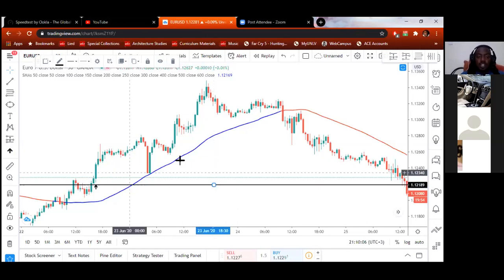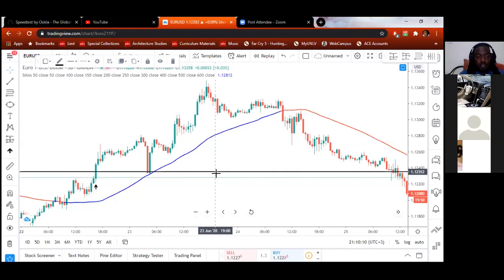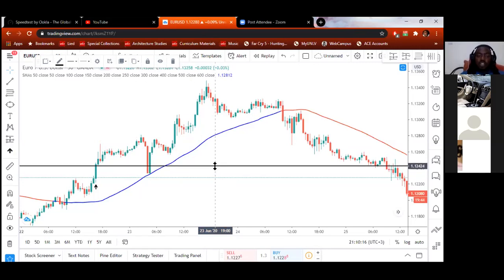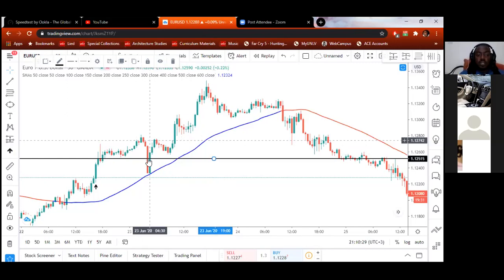Then as price keeps going higher, they keep moving the stop loss higher. Maybe you can even check the previous point of support to help you trail the price. It goes a bit higher there, you push it higher, and then eventually it will come back down and trigger the stop loss.